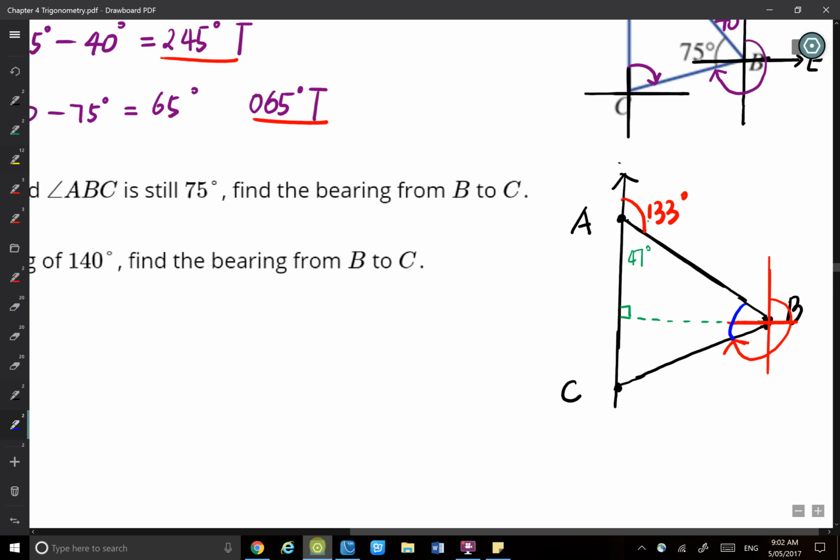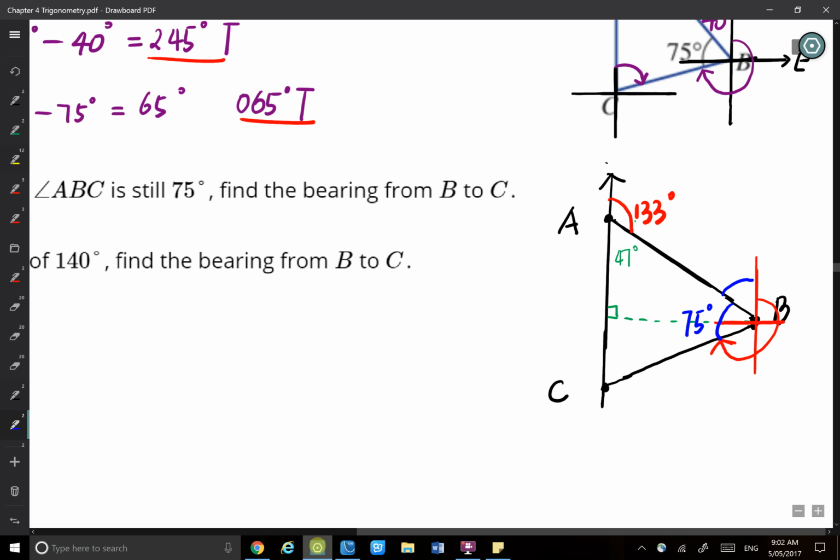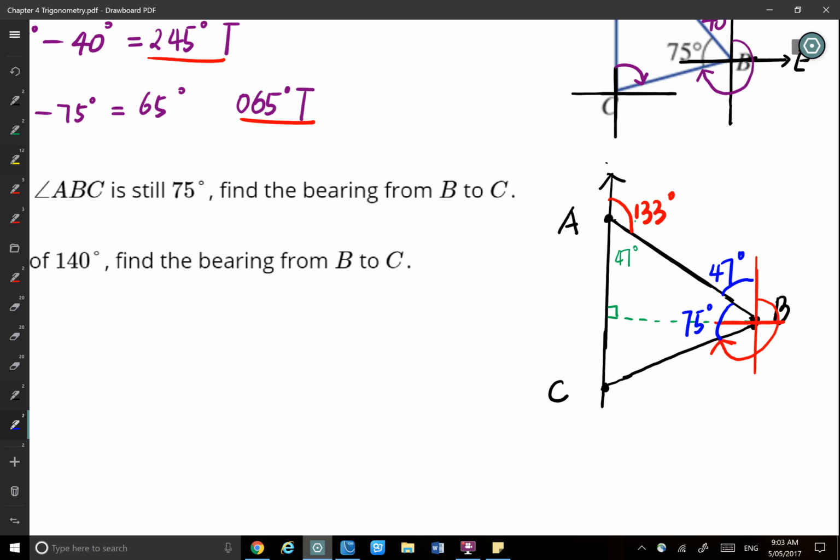So this is still 75 degrees, and here must be 47 degrees, which is the same as that angle. Parallel lines, alternate angles, they are 47 degrees. The red is here.